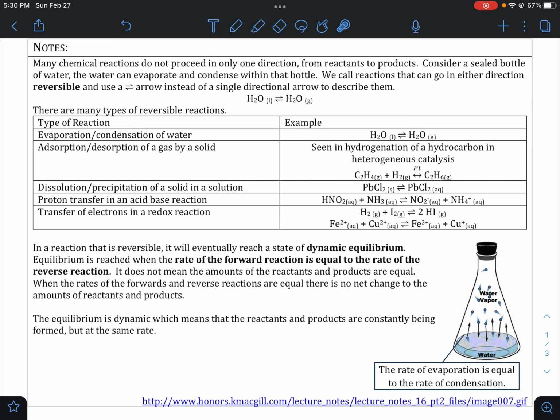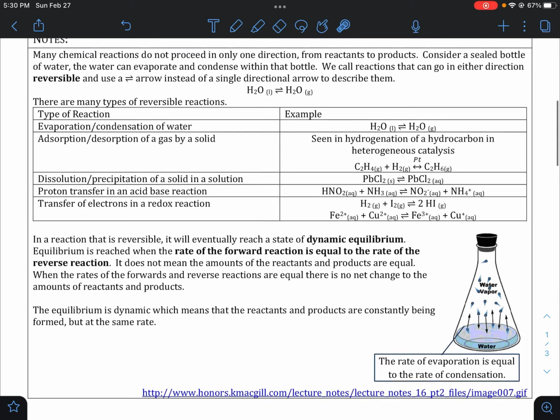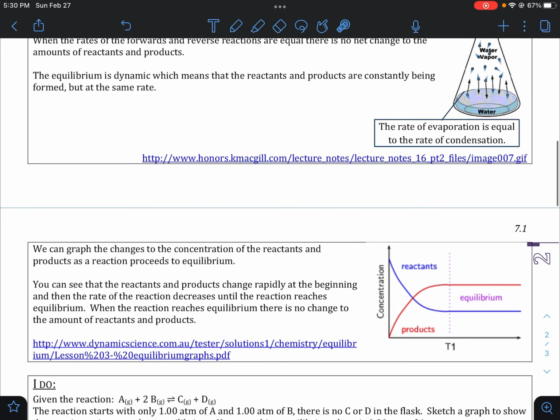It does not mean that they have to be the exact same concentration. What it means is whatever I'm making, I'm also sending in the opposite direction. To show concentration versus time for reactants and products, they're not at the same concentration, but we reach a leveling out where we stop having net changes.